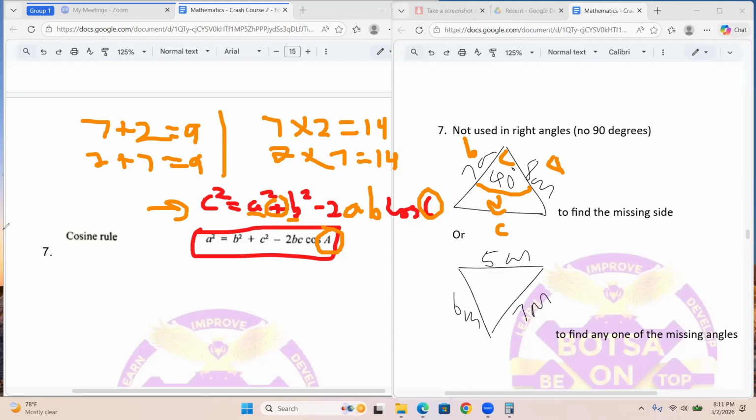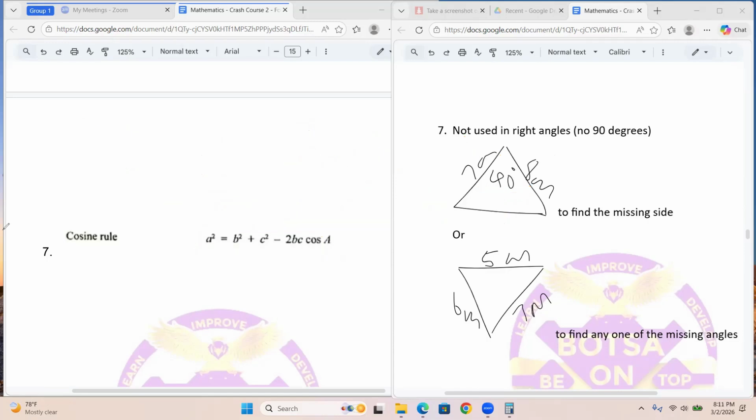Okay, the next one. If you need to find a missing angle in a non-right-angle triangle, meaning a triangle that doesn't have a 90 degree angle, you must know the length of all three sides. So if the triangle presents itself with all three sides, you can find any of the angles.